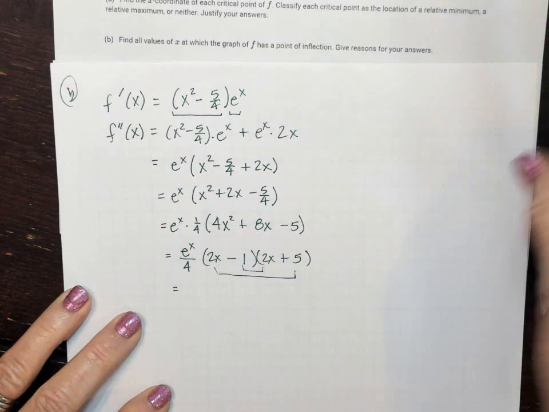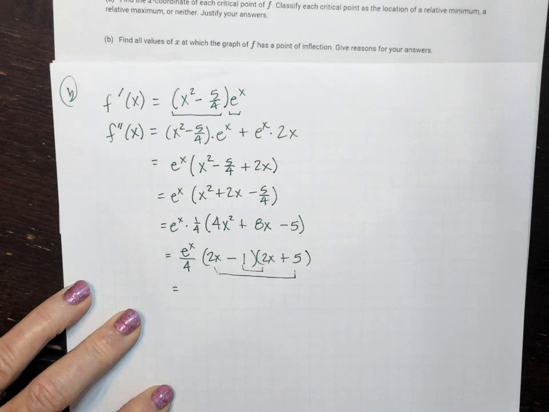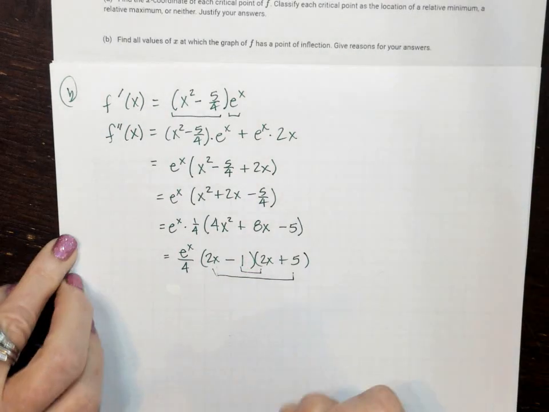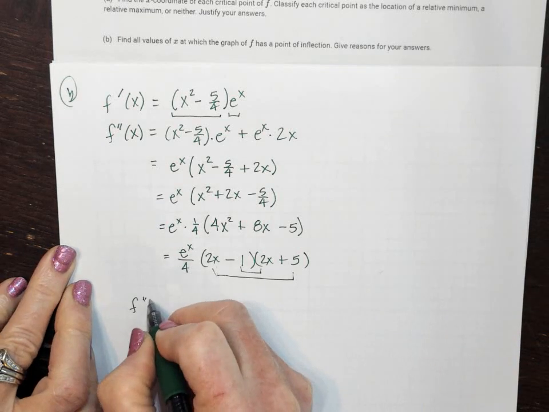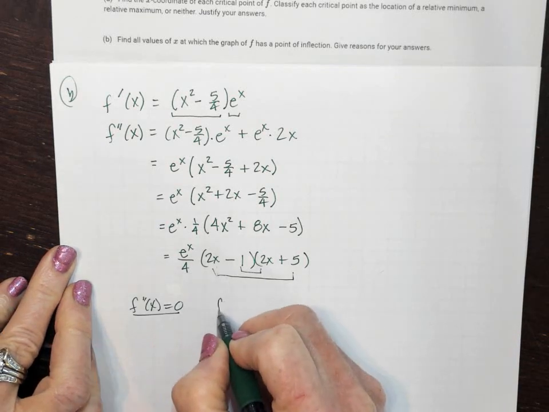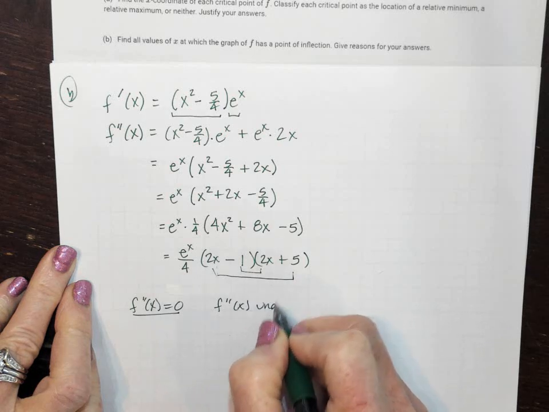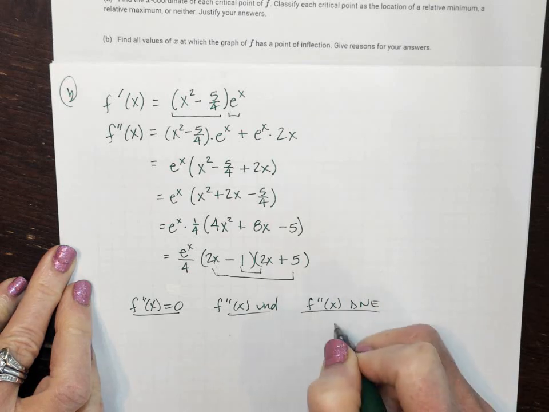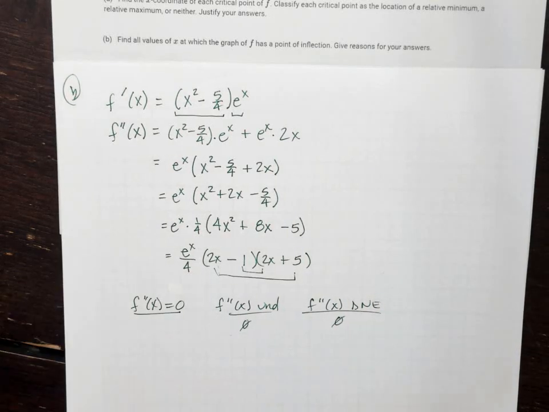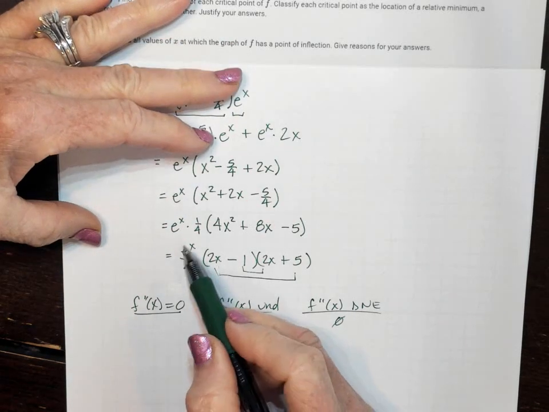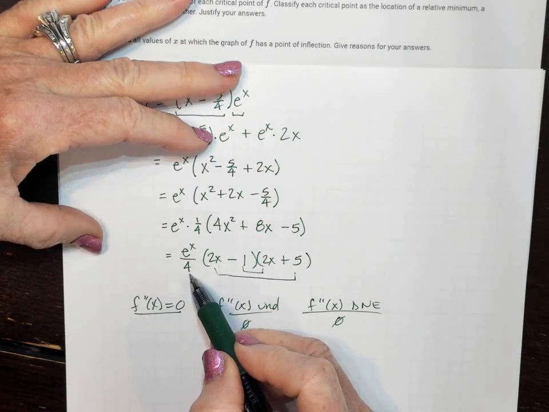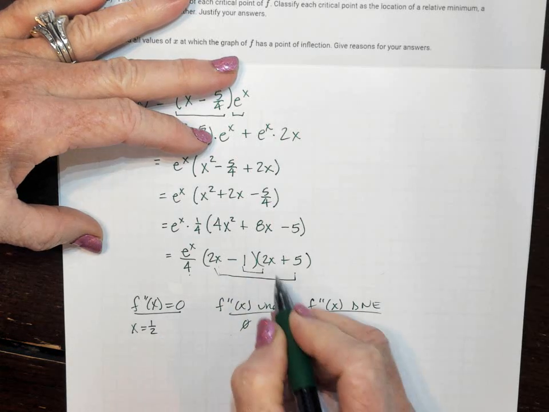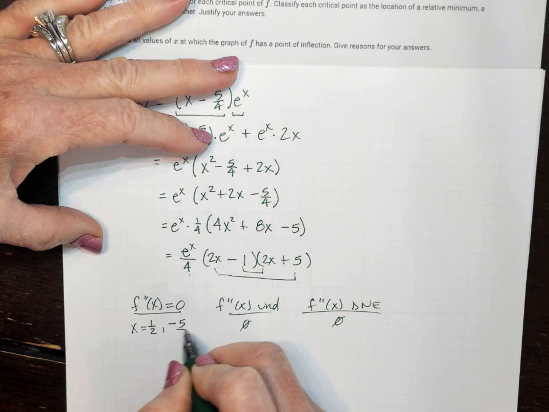At this point, then, we can figure out where f double prime is equal to 0 or does not exist. None here, none here. And here, this e to the x over 4, that can never equal 0. This piece is going to give us that x is a half, and this piece, negative 5 over 2.